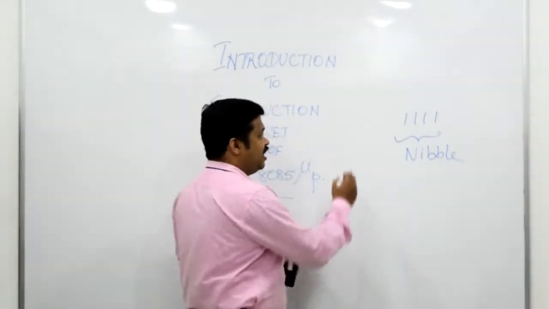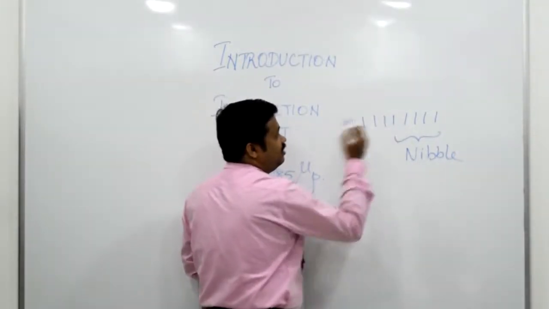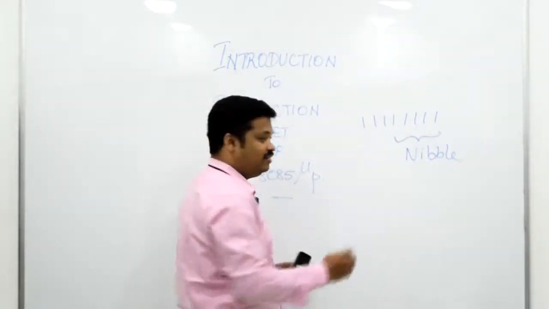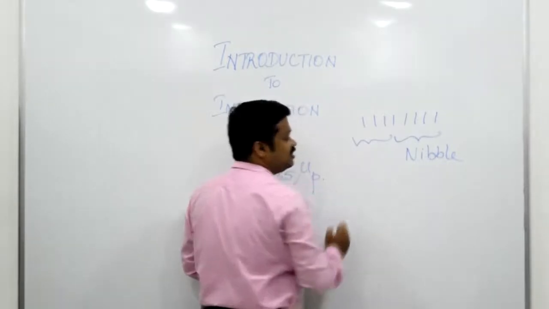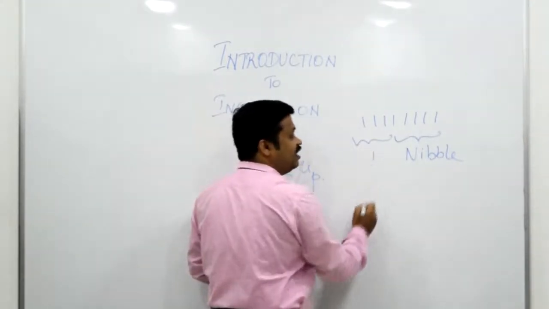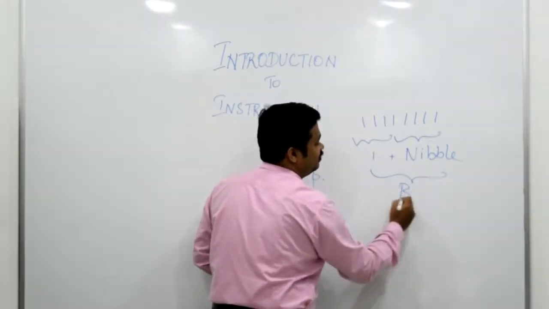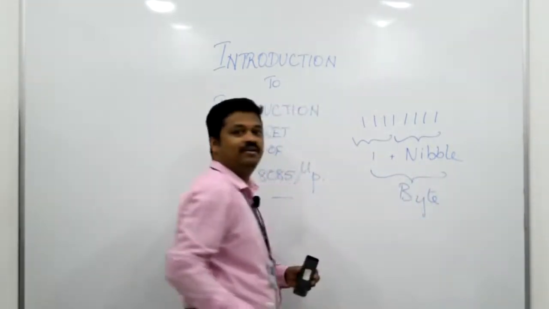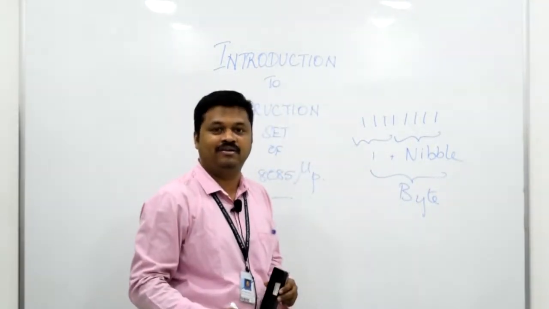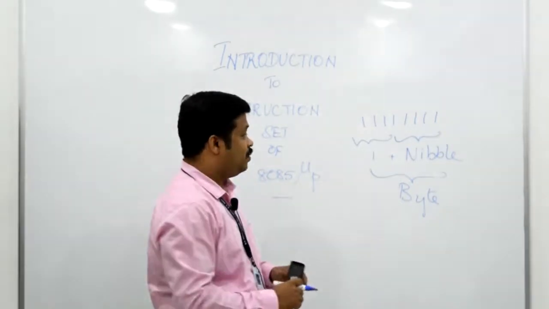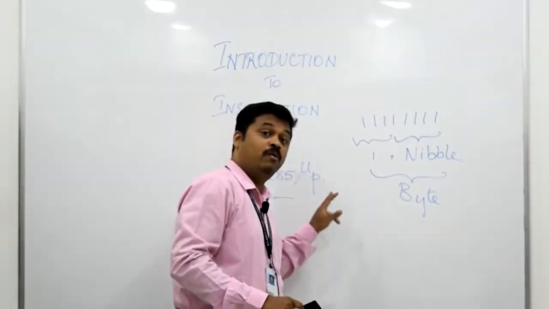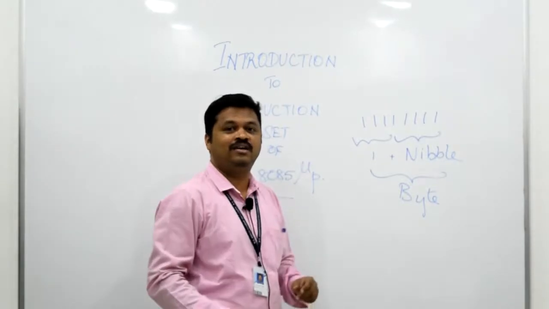Next, if you have another 4 bits together, that is, you have 2 nibbles, you have one more nibble over here. If you have 2 nibbles, you call it a byte. What is it? Byte. Next question, what happens if I have one more byte? You call it a word.